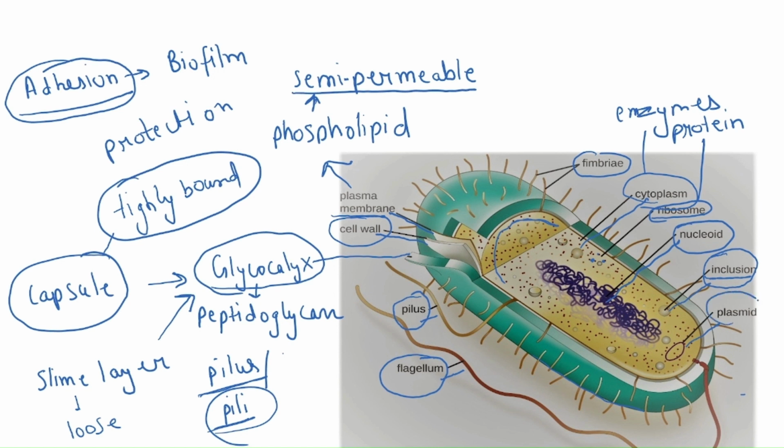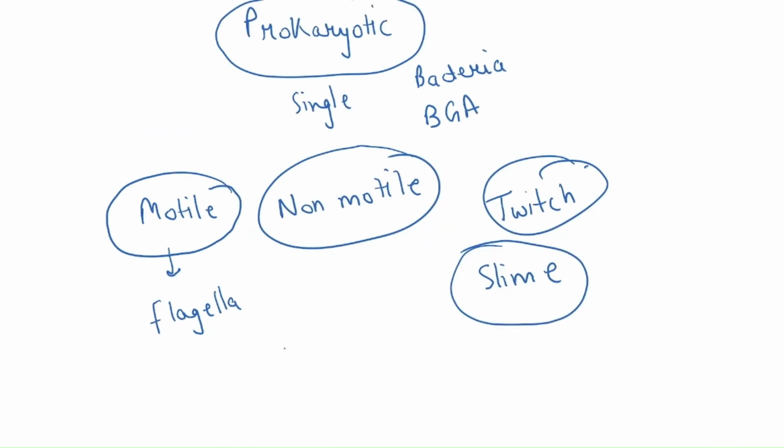Now you can see another small structure here. This is a plasmid. Plasmids carry genes which provide antibiotic resistance, toxin production. Plasmids are extrachromosomal. What do we mean by extrachromosomal?